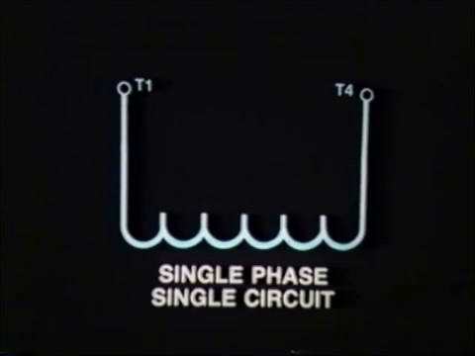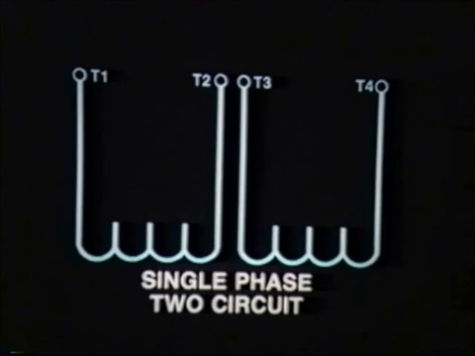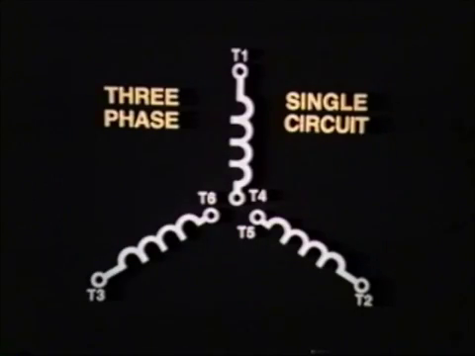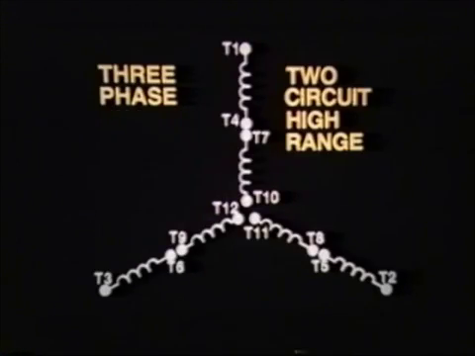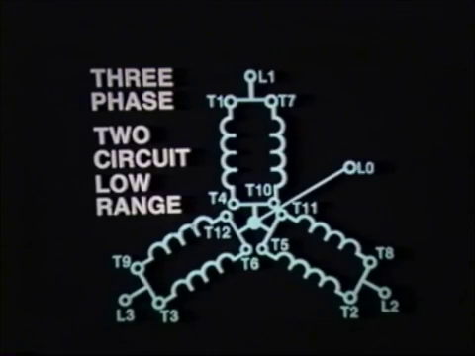The NEMA terminal marking system is single phase, single circuit, single phase, two circuit, three-phase, single circuit, three-phase, two-circuit, high range, and three-phase, two-circuit, low range.